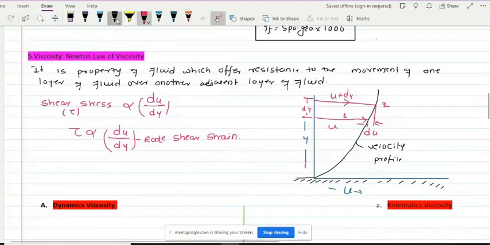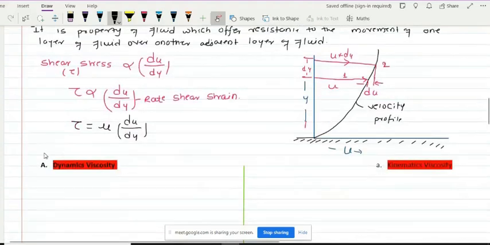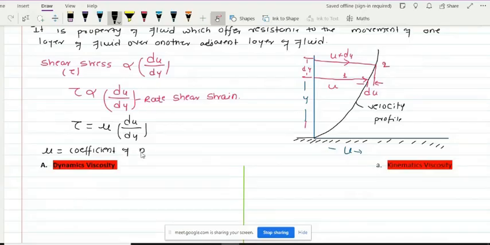So one can write tau is equal to mu into du by dy, where mu is called the coefficient of dynamic viscosity.